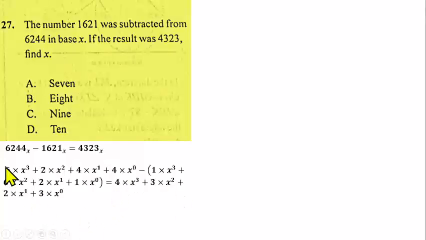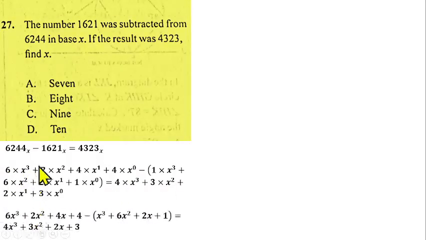So we can now simply start simplifying. 6 times x cubed will give us 6x cubed plus 2x squared plus 4x plus 4, because x raised to power 0 will give us 1, minus the bracket: x cubed plus 6x squared plus 2x plus 1 equals 4x cubed plus 3x squared plus 2x plus 3.